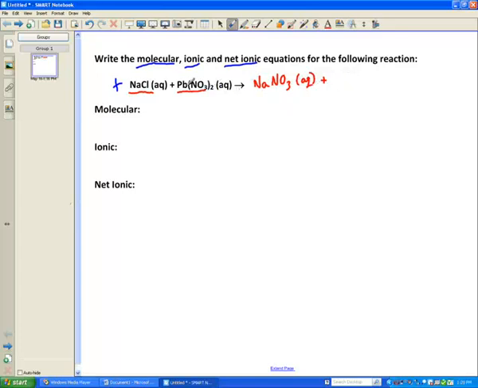And it turns out lead and chloride, when they go together and they form PbCl2 from Pb2+ and Cl1-, just like so, what we find is that lead 2 chloride, I should say, is actually insoluble. And so of course it gets the designation of solid.